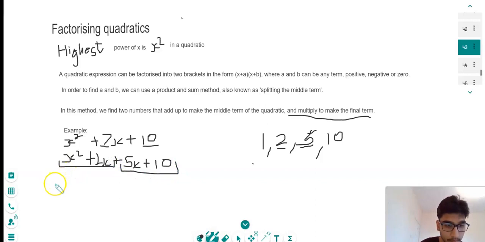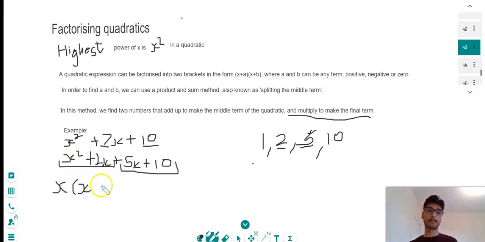So for the first part, we can see that x is common in both, so we can take out x, and in the brackets we have x times x to make x squared, so this x, and we also have 2 as the next one, because x times 2 makes 2x. So that's the first bit done.